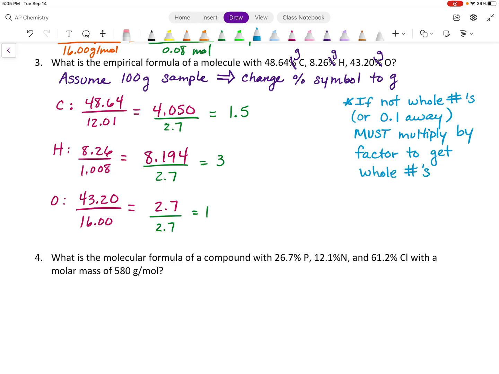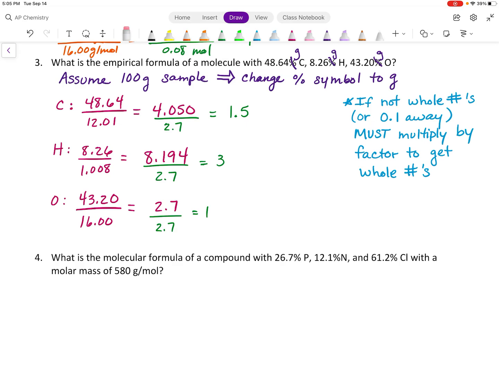Now, this is a bit tricky because what are you going to multiply it by? I think with the 0.5, it's pretty intuitive. So 0.5 is equivalent to 1/2. So we're going to multiply by 2 in order to be able to get a whole number, right? So that's kind of just a little theory behind that. There's some other tricks to that, if it's not 0.5, what do we have to multiply to get to the whole number?